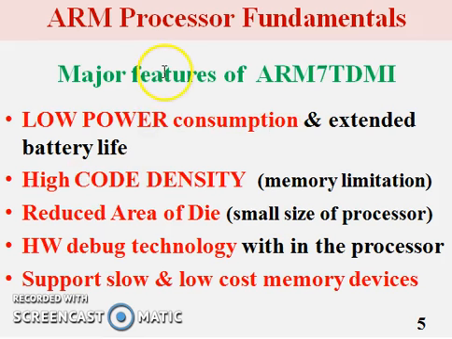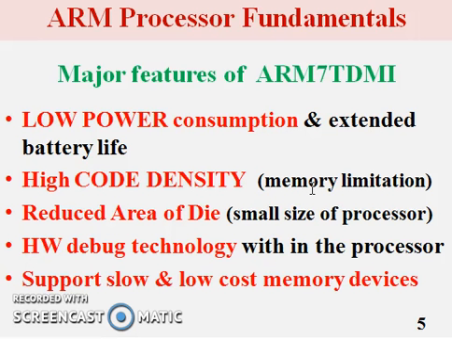Then the second major feature of this ARM7 is high code density. Again, in embedded systems, memory limitation is there. Every embedded system has very little memory, and if a large program is there, it cannot fit into the memory.